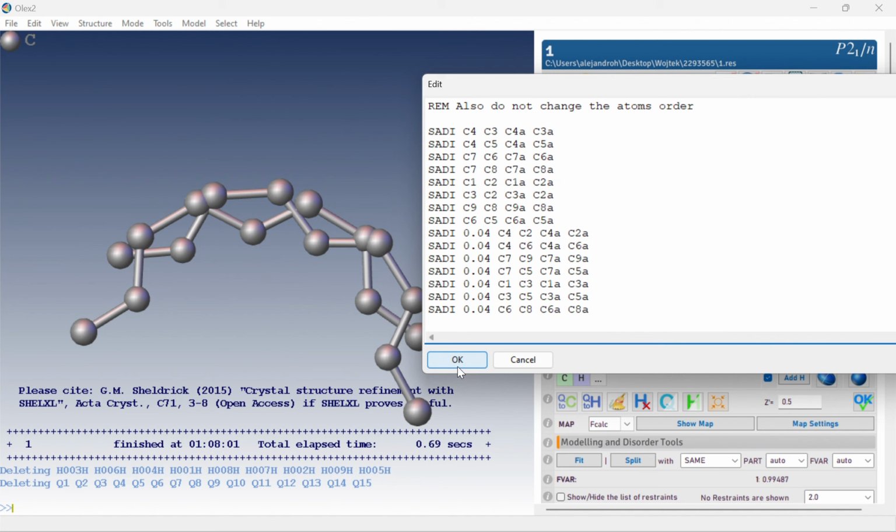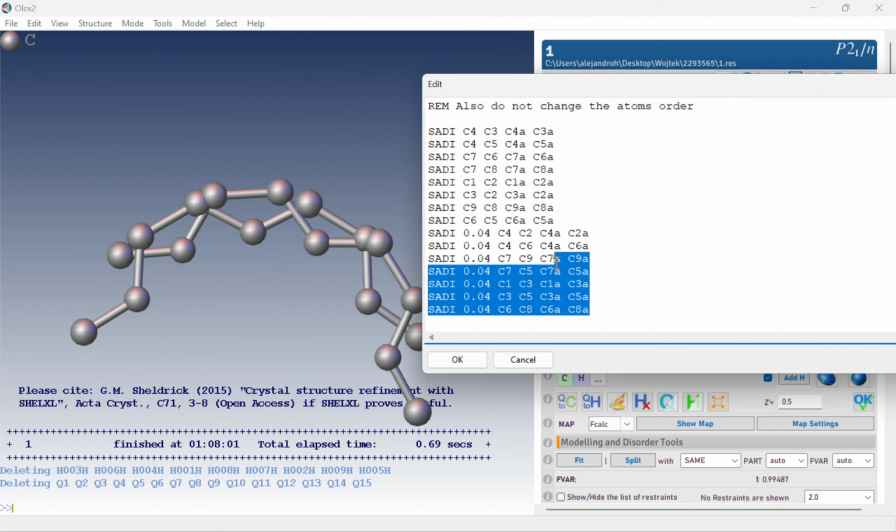When bonds are involved in disorder, when the atoms that bonds connect are involved in disorder, I can't speak anymore, sorry, we shouldn't really pay a lot of attention to them because there are a lot of errors related to that. So we shouldn't really discuss them in much detail, but that's the best we can do. So we want to only relate appropriate 1, 2 distance and 1, 3 distance between parts. And that's what OLEX successfully did.